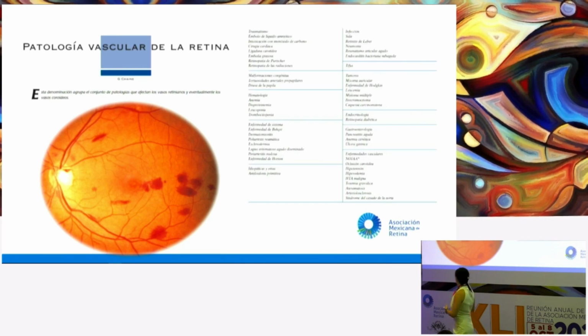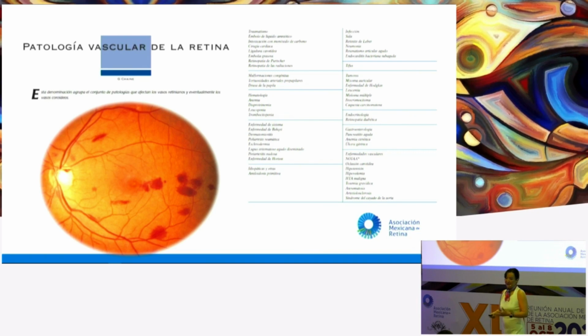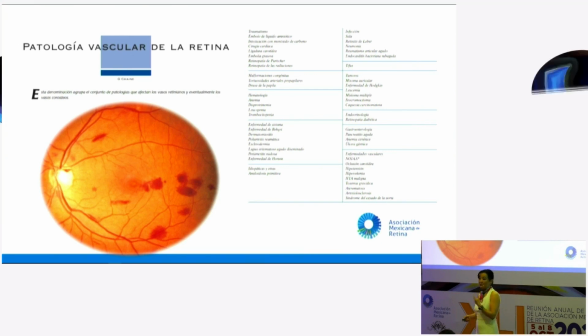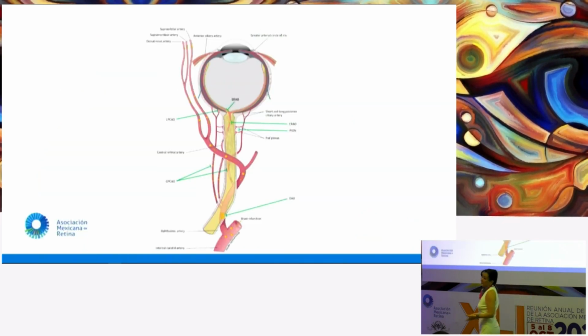If we draw a list, then we can see pathologies such as congenital, traumatic, tumoral, infectious, inflammatory, the queen of them all, diabetic, metabolic diabetic pathologies, occlusive pathologies, and then we come down to idiopathic ones. So vascular pathology is very big, and we, as retinologists or ophthalmologists, are interested in studying it.